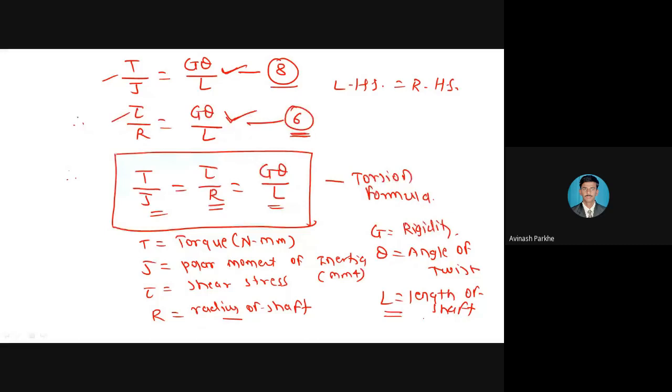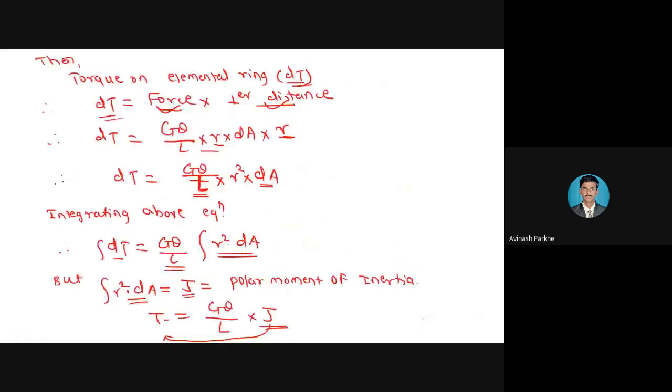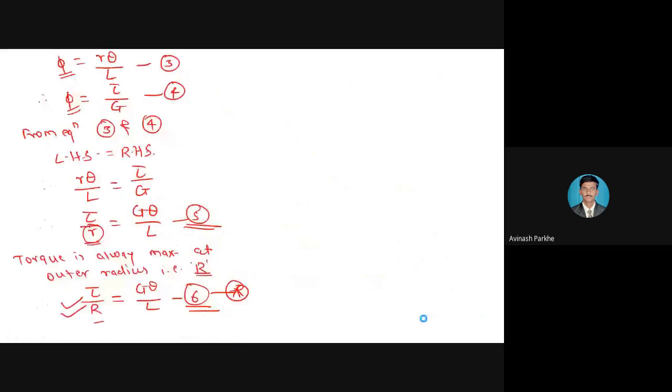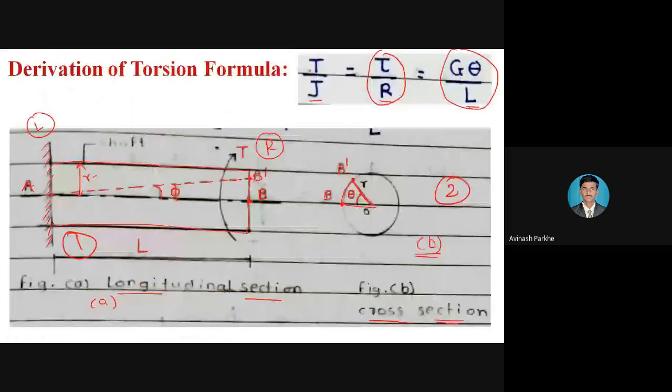So I hope you have taken this derivation part in your notebook. In the notes I will give, no problem, but while deriving this particular derivation, it is your responsibility also. Please try to take this derivation in your notebook, so it becomes very easy to understand whatever you have written.